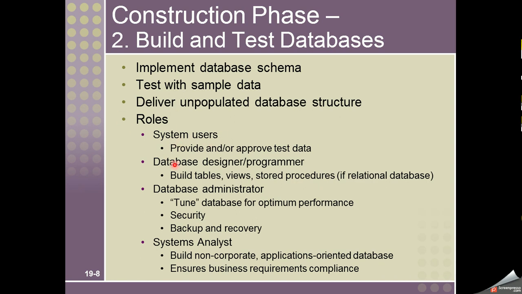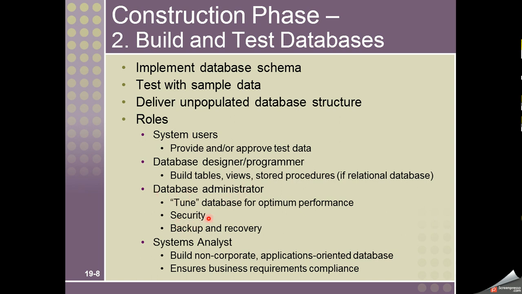The role of system users is to provide and approve test data. Database designer and programmer will build the tables, views, and stored procedures. Database administrator will fine-tune the database for optimum performance using guidelines to ensure high performance. Although we cannot change the internal algorithms in a DBMS, we can use some guidelines, some best practices, to optimize the performance of the database, and it is the responsibility of the DB administrator.